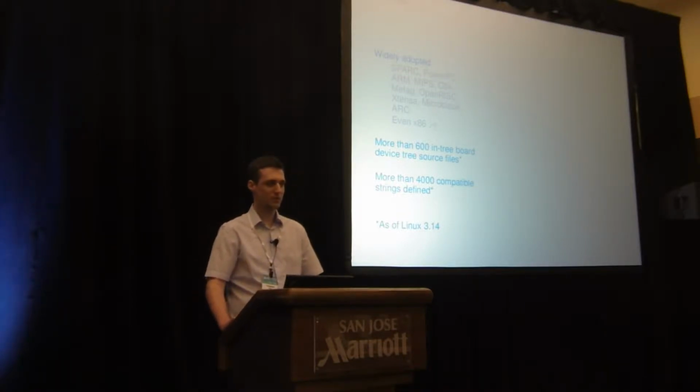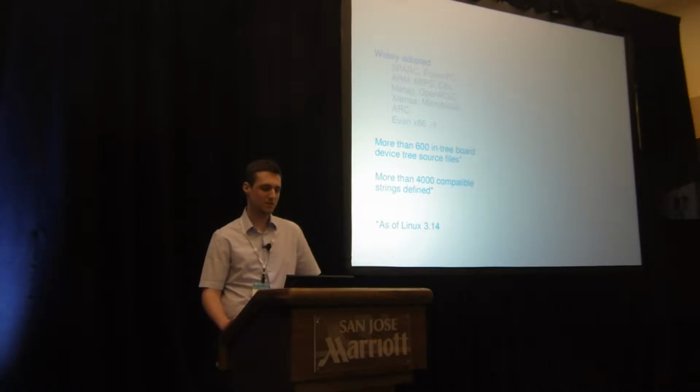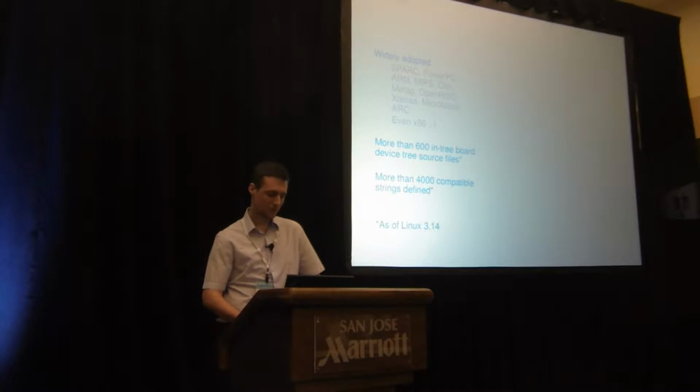As of Linux 3.14, there are more than 600 in-tree board device tree sources, which are files that describe particular boards supported by the Linux kernel, and more than 4,000 compatible strings defined, which loosely translates to around 4,000 different IP blocks supported by the Linux kernel, including various variants that are using the same driver but differ in certain integrations or something.